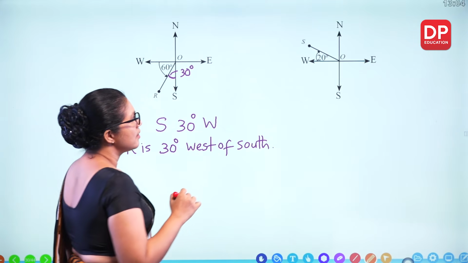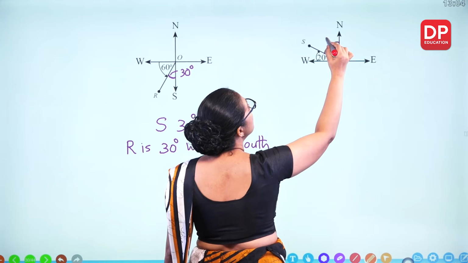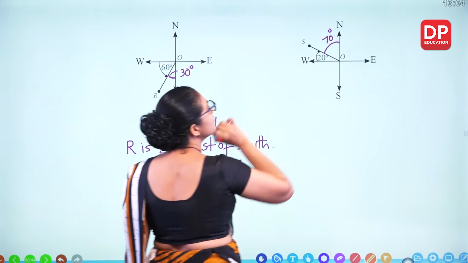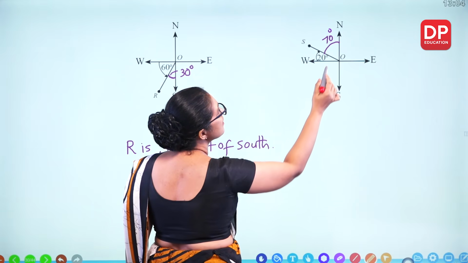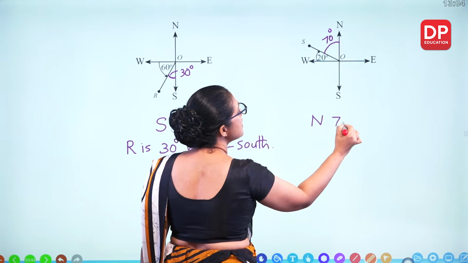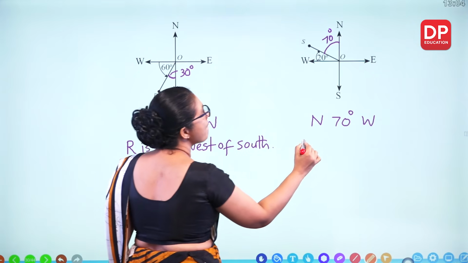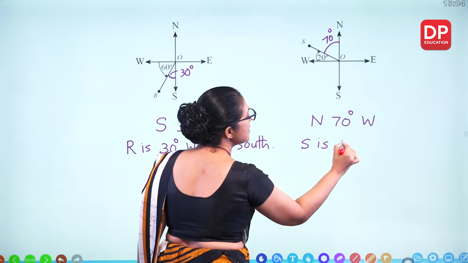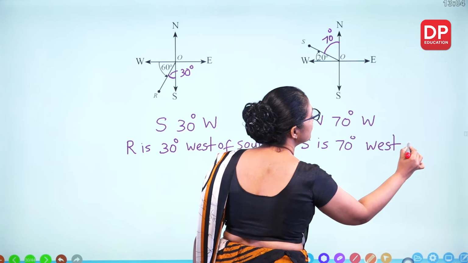This one, if this is 20, this angle is 70, 90 minus 20. So what can I write? North 70 degrees towards west. S is 70 degrees west of north.